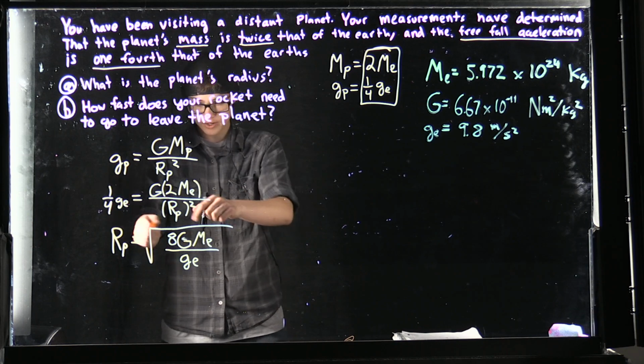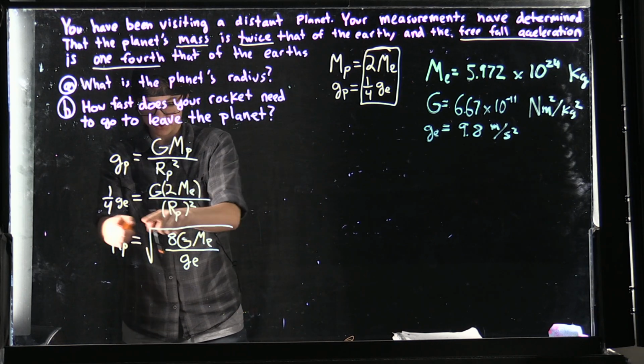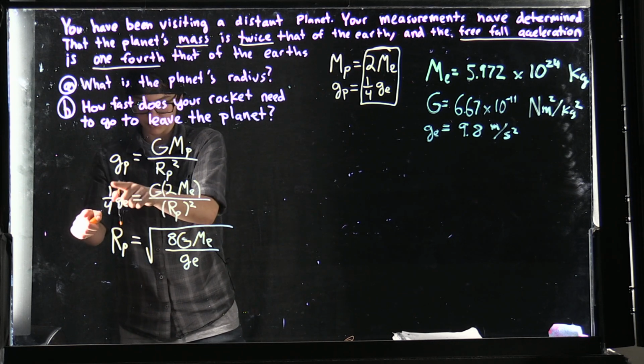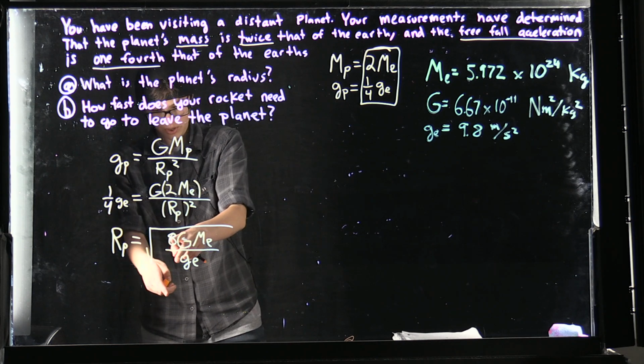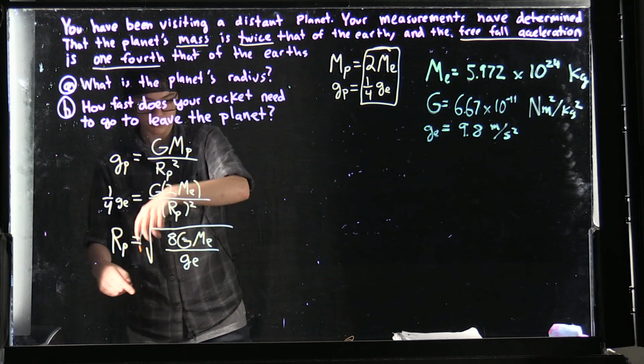You can see what I did from this step to this step. First, multiply on both sides to get R_P squared over here. Divide both sides by 1/4 times g_E to get 8 times G times M_E divided by g_E, and then square root both sides.